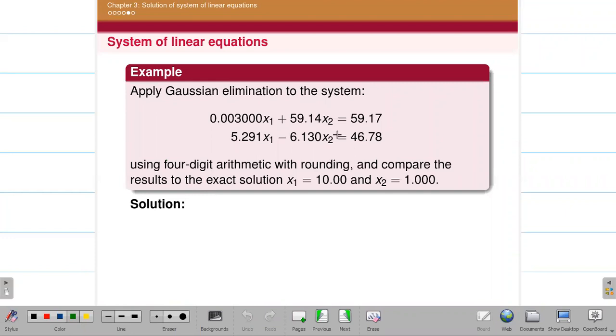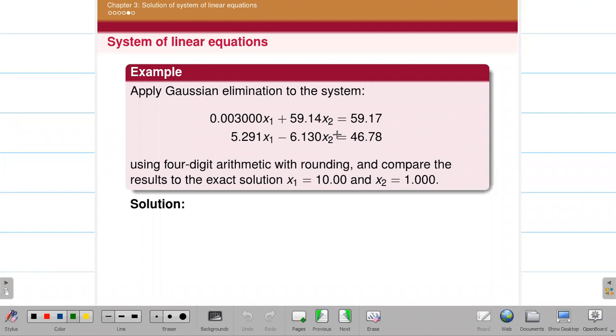There is a lot of difference between the approximate and exact solution, and that is because of rounding and chopping only. So how do we get rid of this type of problem in Gauss elimination? We have some strategies, and we will apply them to overcome this problem.